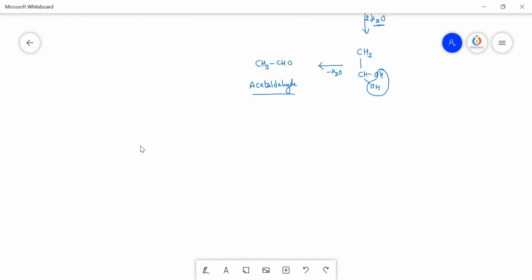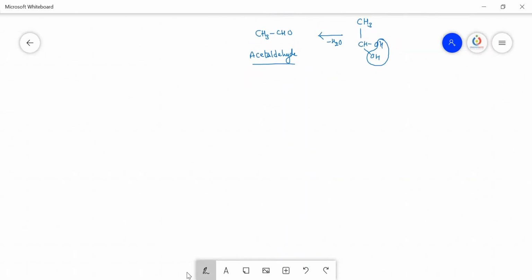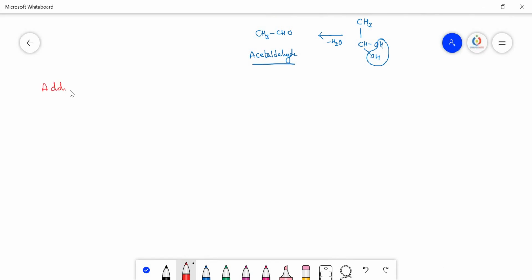So this is the one reaction. Now let us see the addition of water, that means hydration. It is a simple thing that alkynes generally cannot be hydrated easily like alkenes.